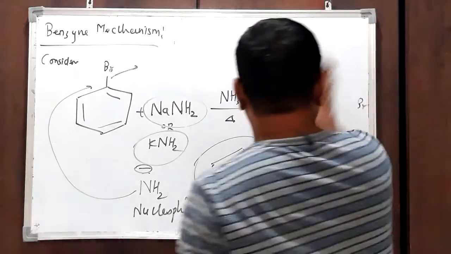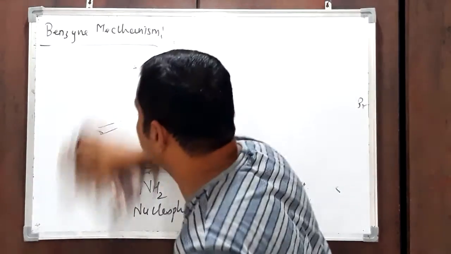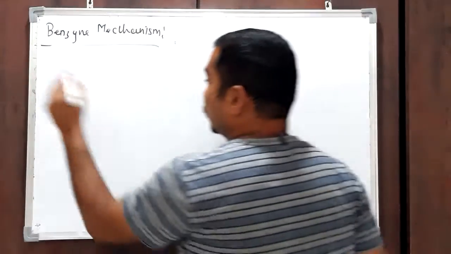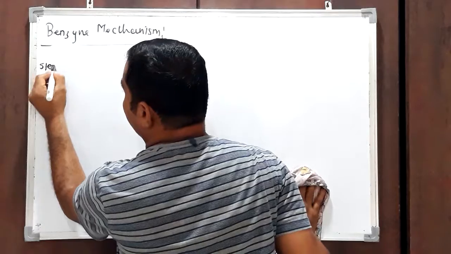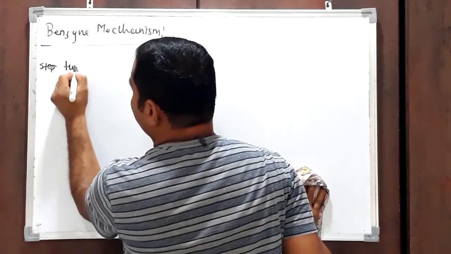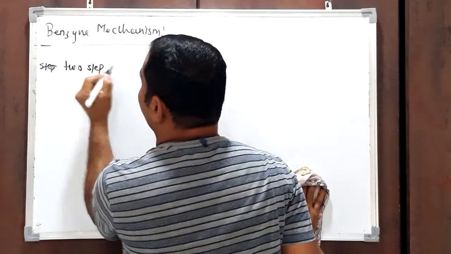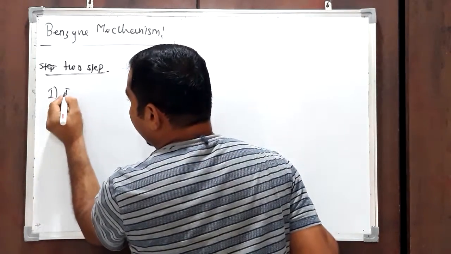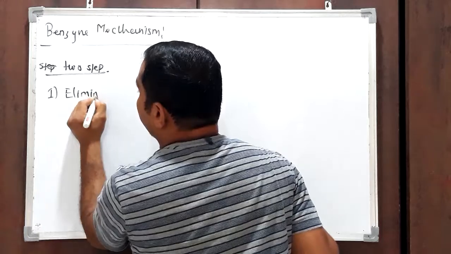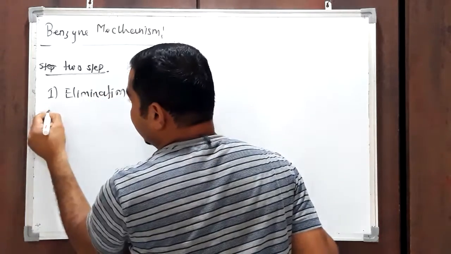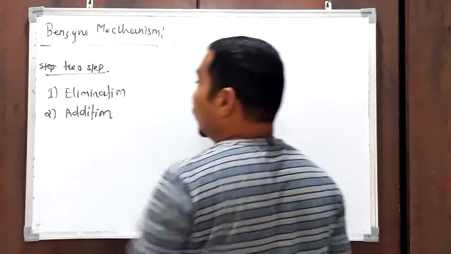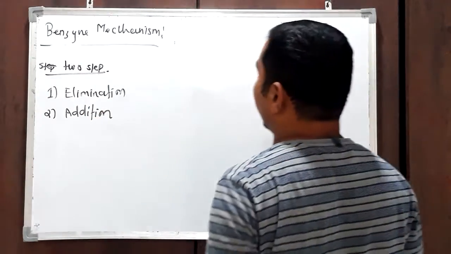Now the mechanism of this reaction is divided into two parts. It is a two-step reaction. Step 1 is the elimination step, and step 2 is the addition step. So see what happened during this reaction.